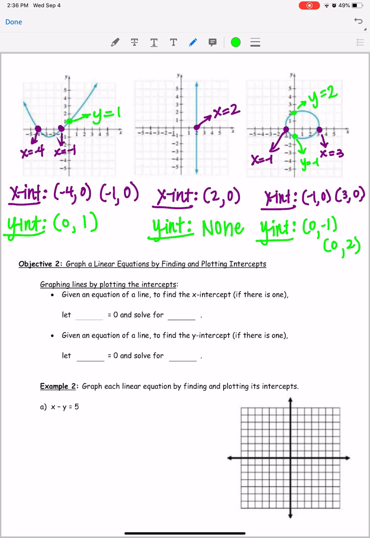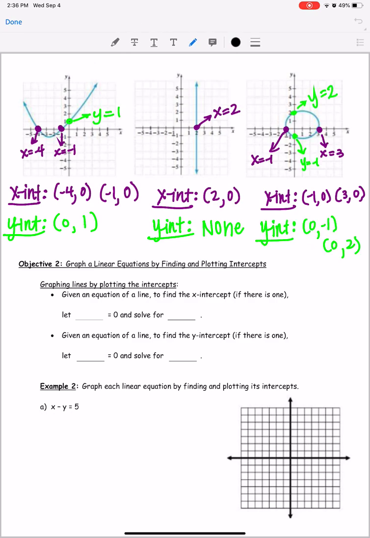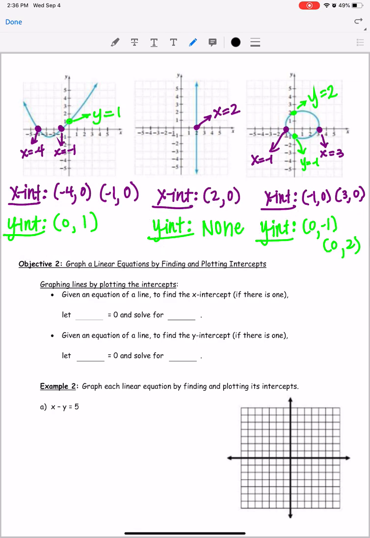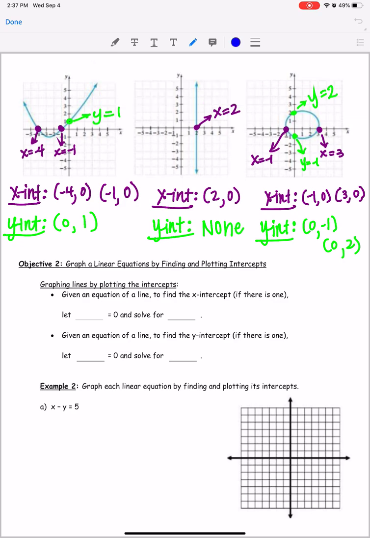So you can kind of see here that you can get no intercept, you can get multiple intercepts, you can get just one intercept. It varies depending on what the graph is. So now that we can kind of recognize these, the main part of this lesson is graphing lines by their intercepts.